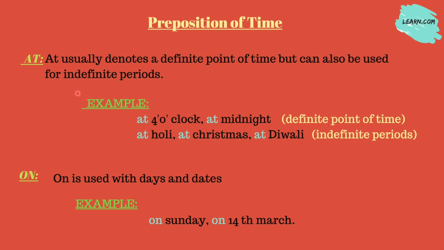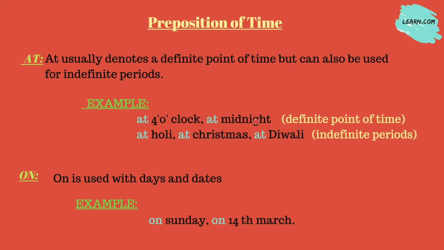When we talk about fixed or definite time, then we use at, like at 4 o'clock, at midnight. I'll see you at 4 o'clock, or meet me at 4 o'clock, when the time is fixed. Or I'll see you at midnight. Even this time is fixed. So whenever there is a definite point of time, a fixed time, we use at.